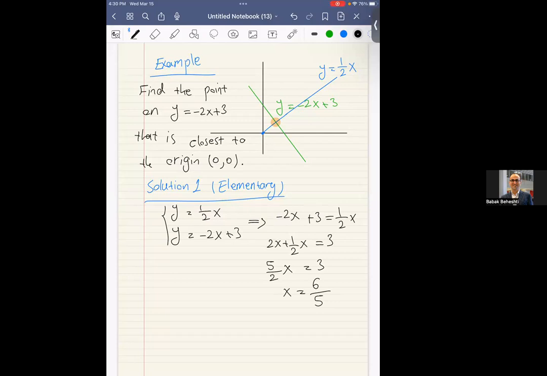So x is 6/5. So what is y? y is 1/2 x, which is 3/5.